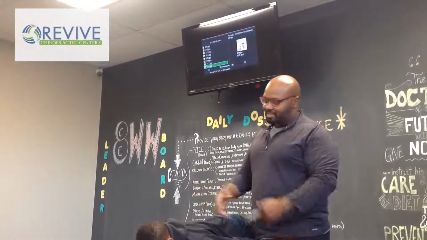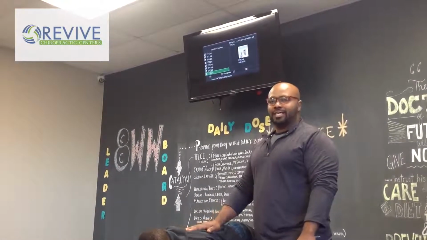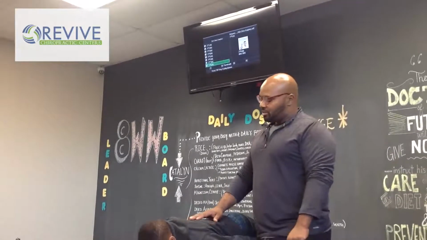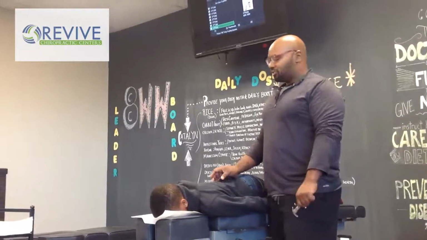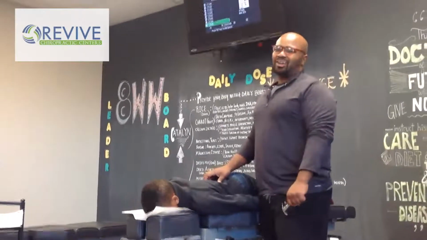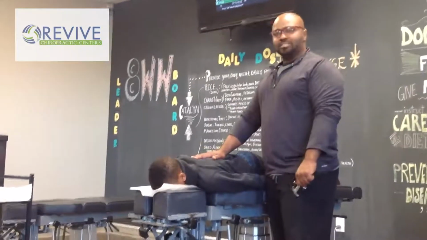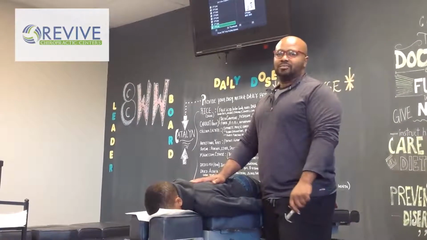And the speed of this instrument moves the bone back into place. We have the activator instrument. We have another instrument called an impulse, which can perform the exact same action. So it's very, very gentle, doesn't cause any discomfort, and if you're worried about if this is going to affect your spine in a negative way, then an instrument adjustment is the way to go.